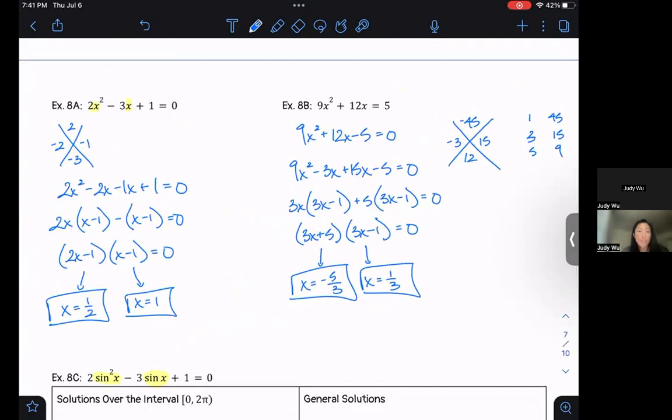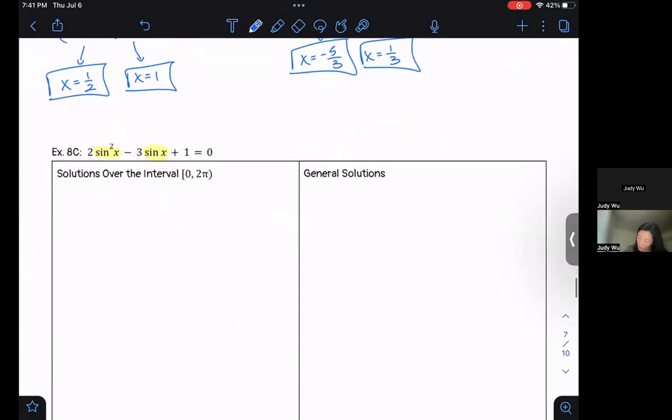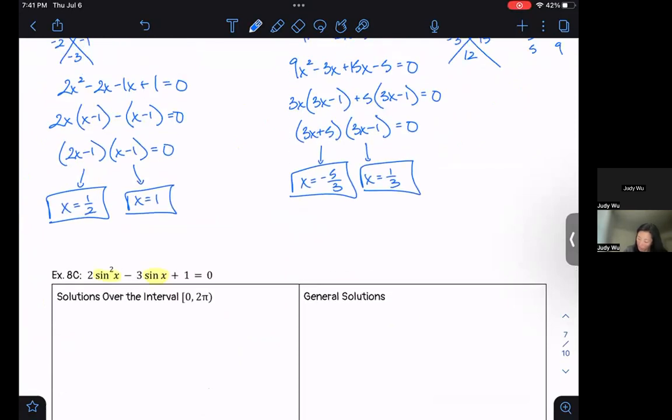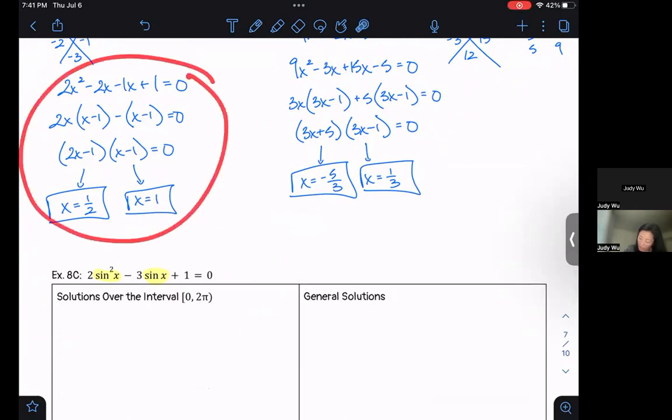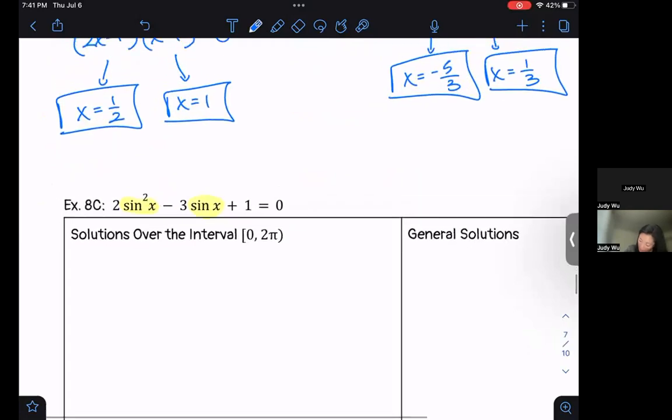So a little bit of factoring practice, right? Always important, good skill to have, but now let's apply it to a trig equation. I'm going to cheat a little bit and pretend like we did all of this, and we're really going to get sine x equals 1/2 and sine x equals 1.